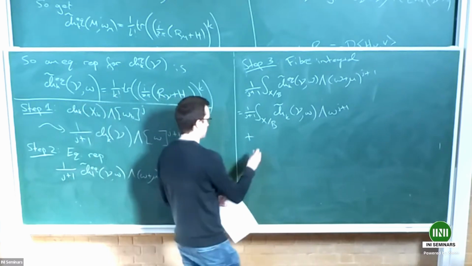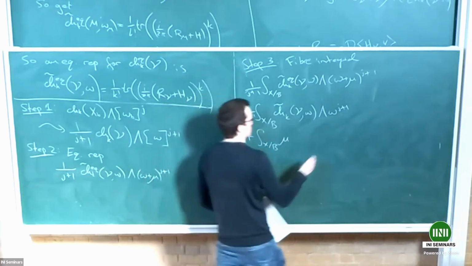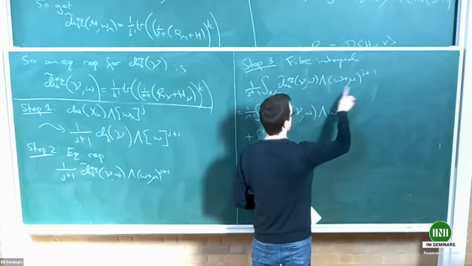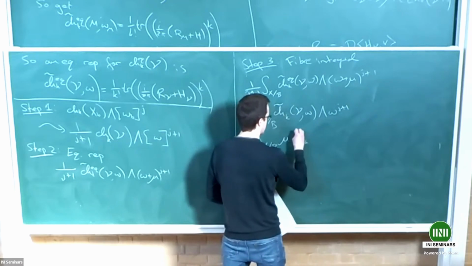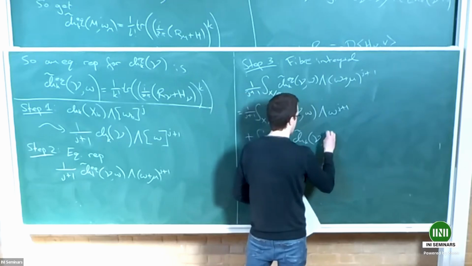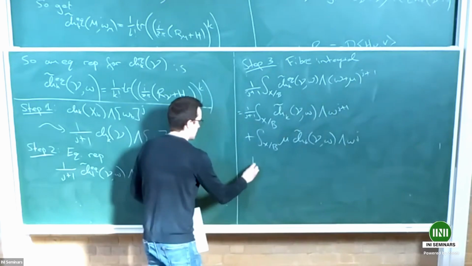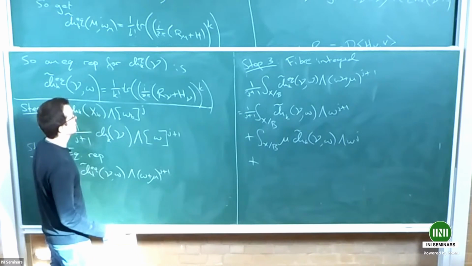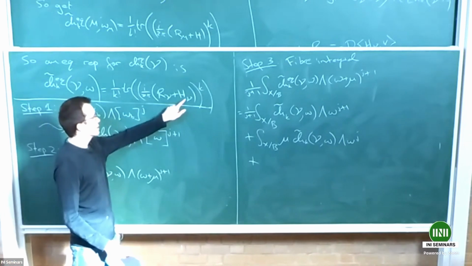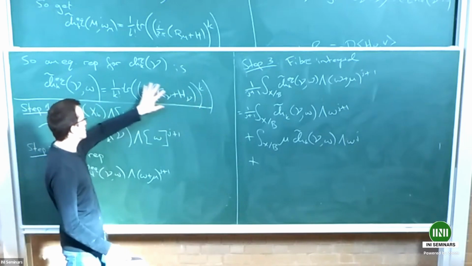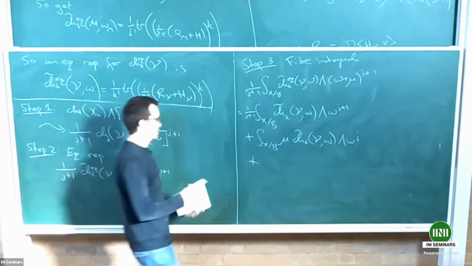So first we get the expansion of this. So we get mu integrated against chk tilde, the omega, which omega to the j. And then we get the more complicated term, which is what happens when we expand the power of k in this Chern character, and we pick up one copy of h.